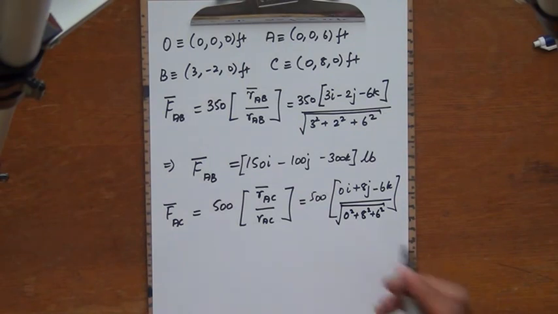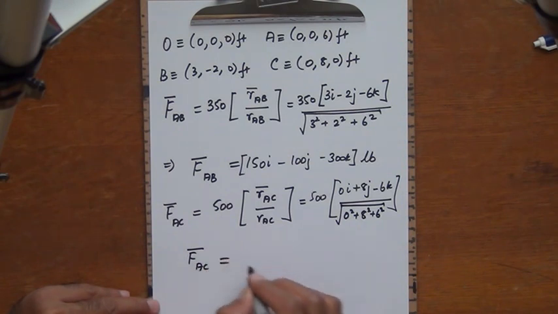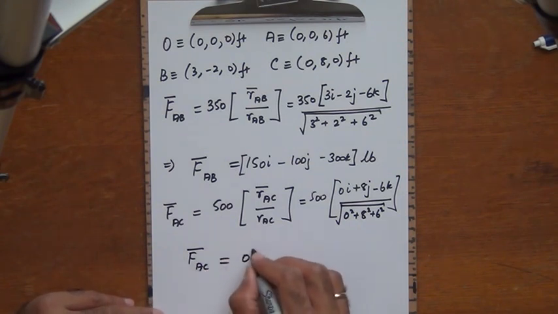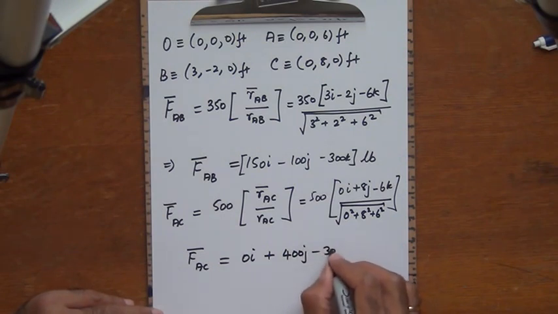Square root is 10, and so FAC is going to be 0i plus 400j minus 300k, so many pounds.